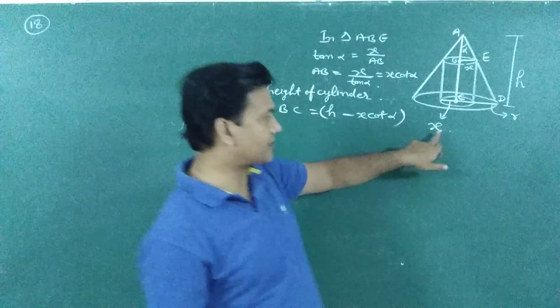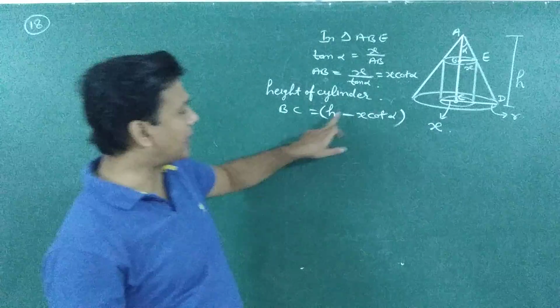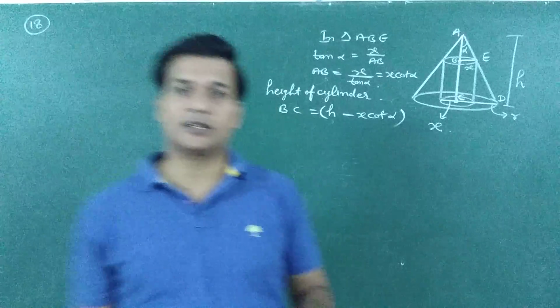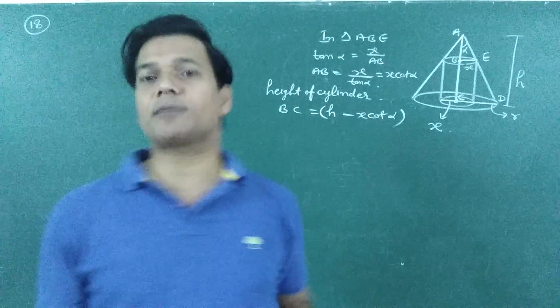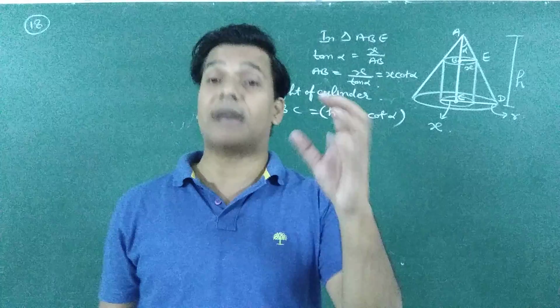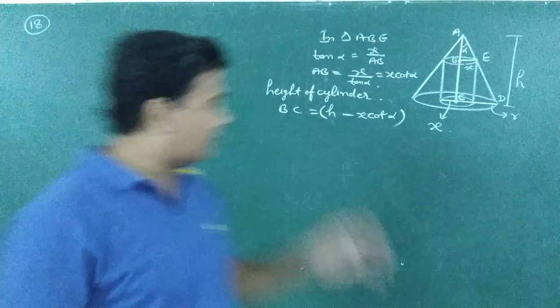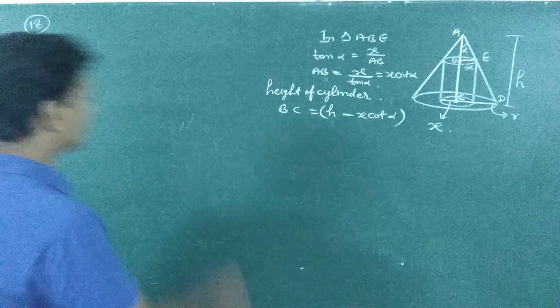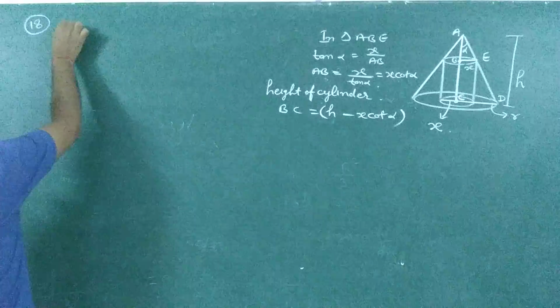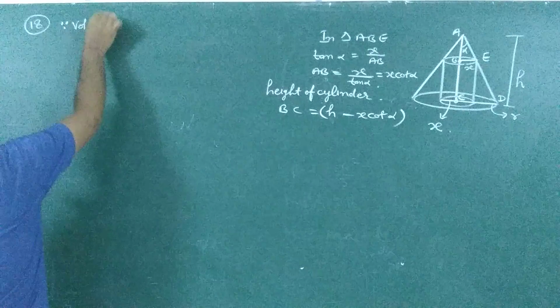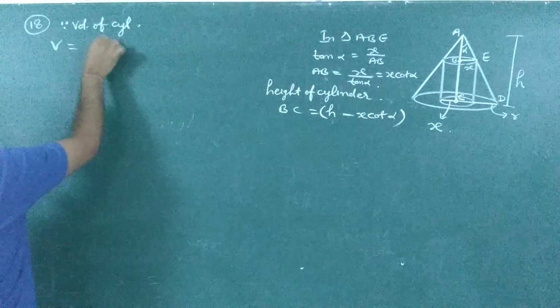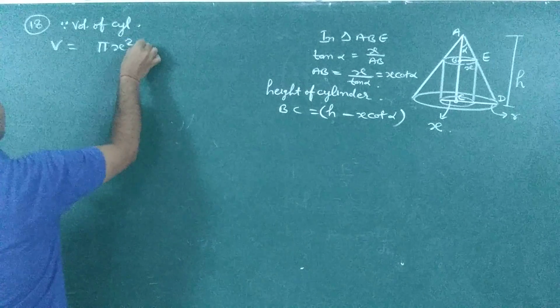Now the radius of the cylinder is x and the height of the cylinder is this one. Now we have to show that the volume of this cylinder is maximum. Finding the volume of the cylinder, since the volume of a cylinder is given by V equals pi r square h.